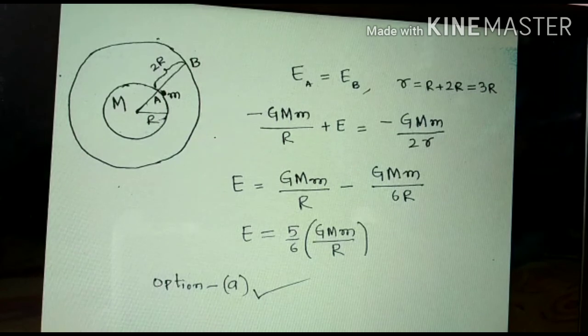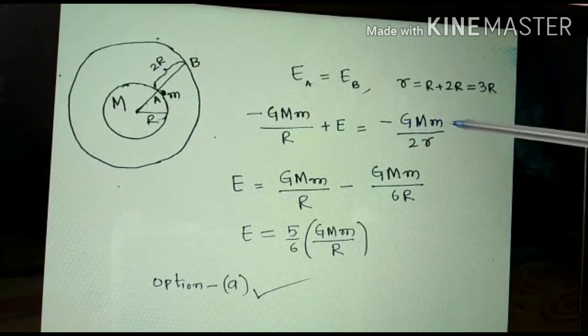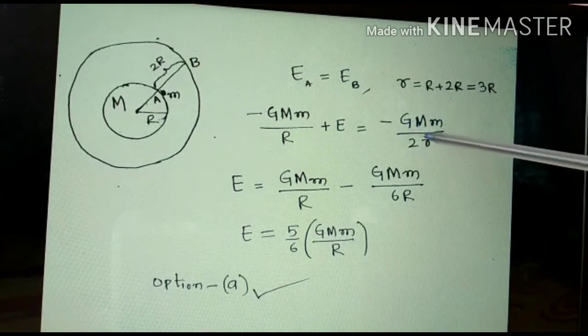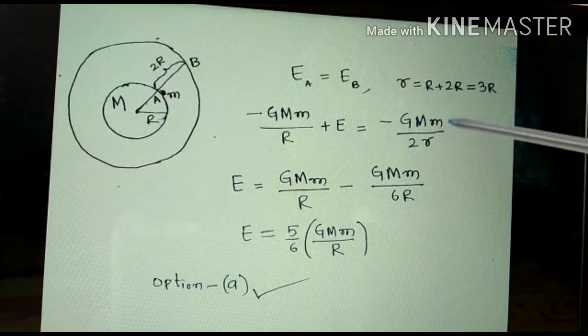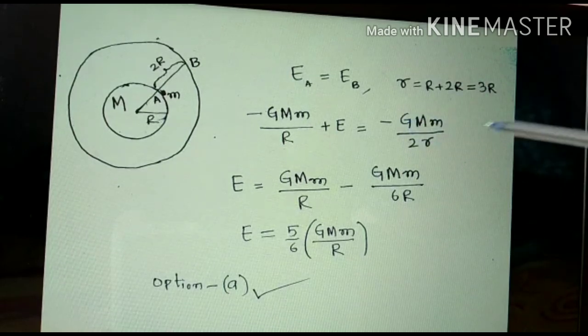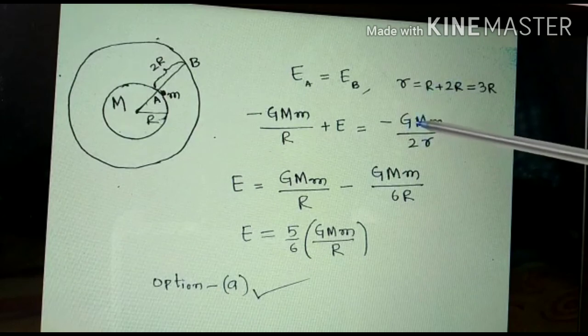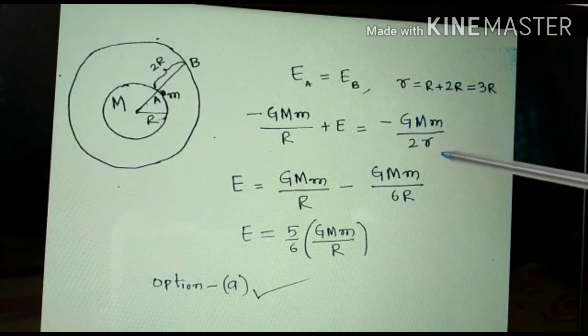Total energy is minus X, potential energy is minus 2X. So that is the reason I am writing G capital M small m by 2R. Instead of writing R, I am writing 2R because the potential energy magnitude is more. So total energy is minus G capital M small m divided by 2R.